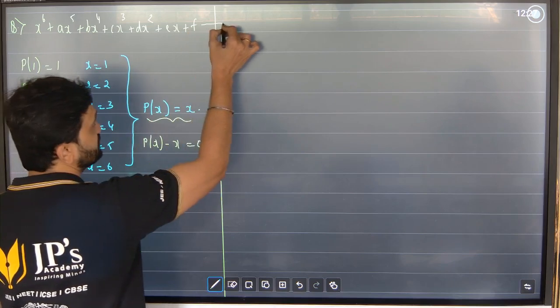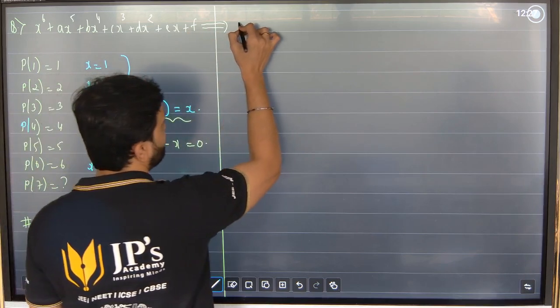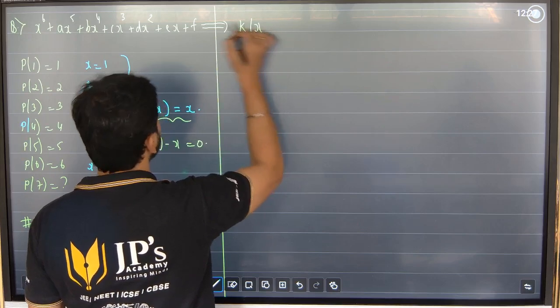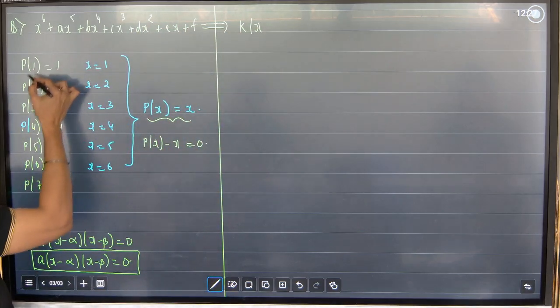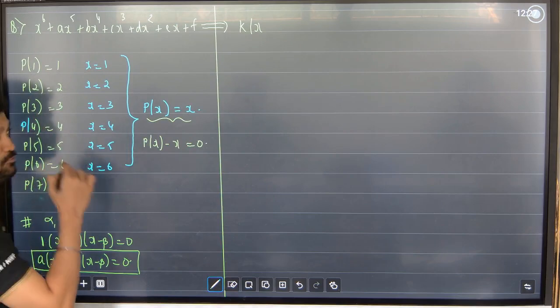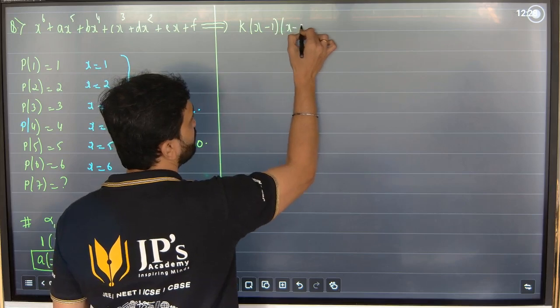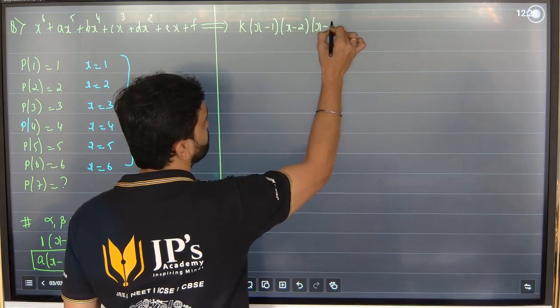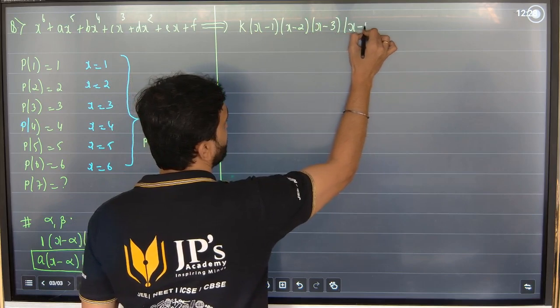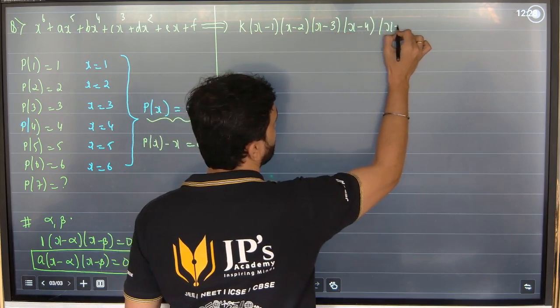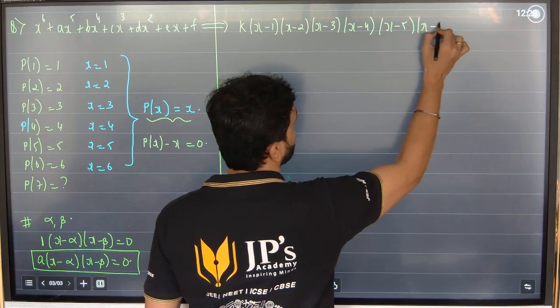And this relation, see how I am going to write it, I will take the constant as k, and my roots are 1, 2, 3, 4, 5, 6. These are roots that are given to you. So I'll write k into x minus 1, x minus 2, x minus 3, x minus 4, x minus 5, x minus 6.